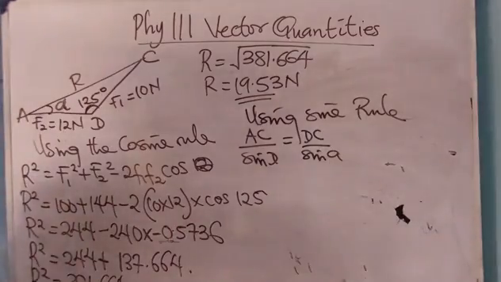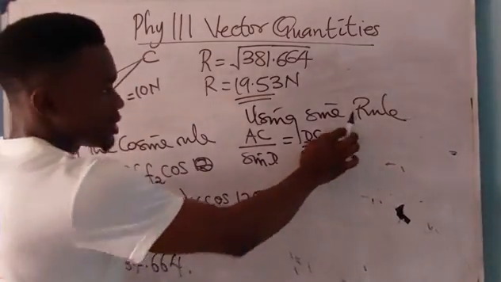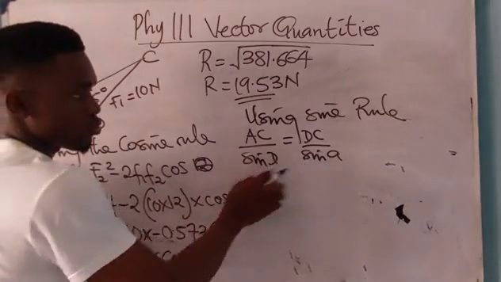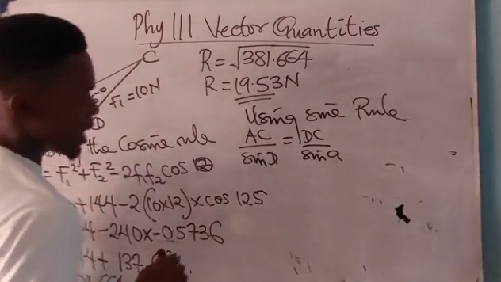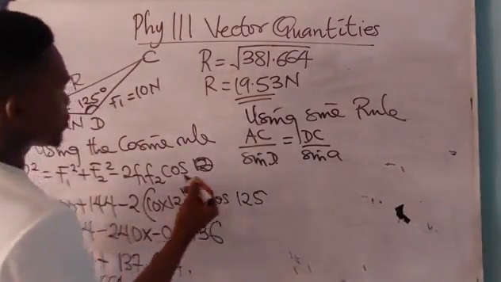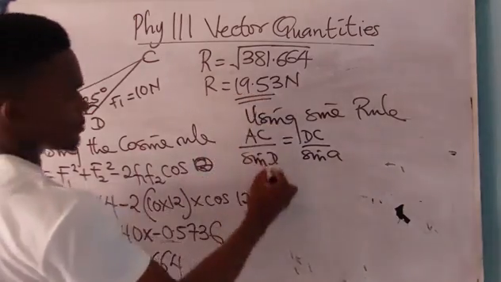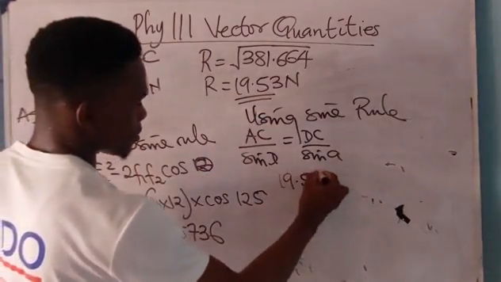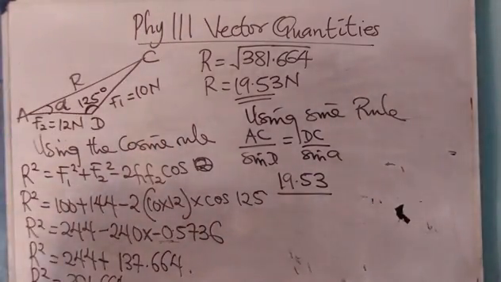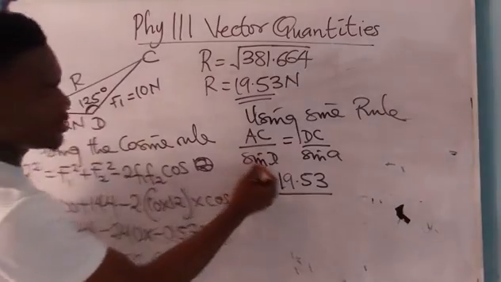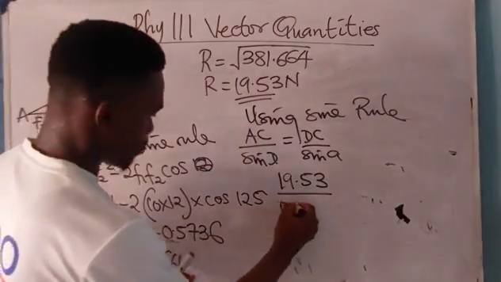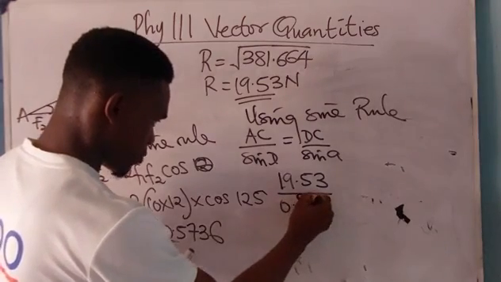Please take note, don't waste your time bringing out the third angle. The third angle is usually neglected. We are always solving using two angles like this. So you now have AC, the resultant, which is the arrow, and I have the resultant to be 19.53 over sine 125, which is 0.81.